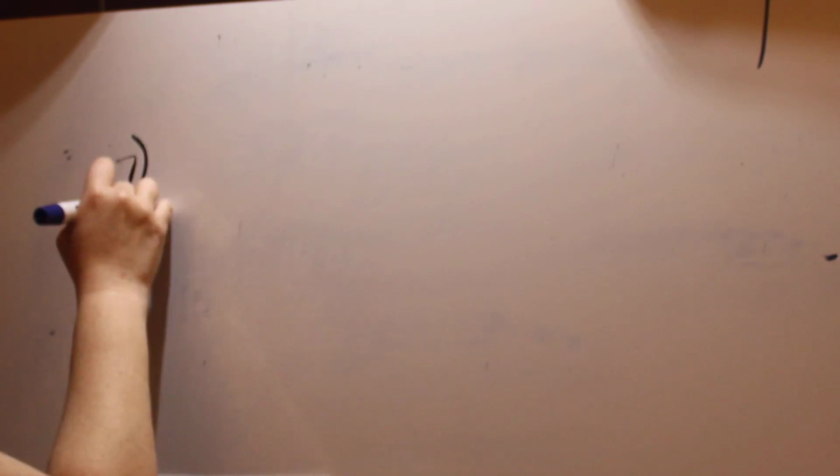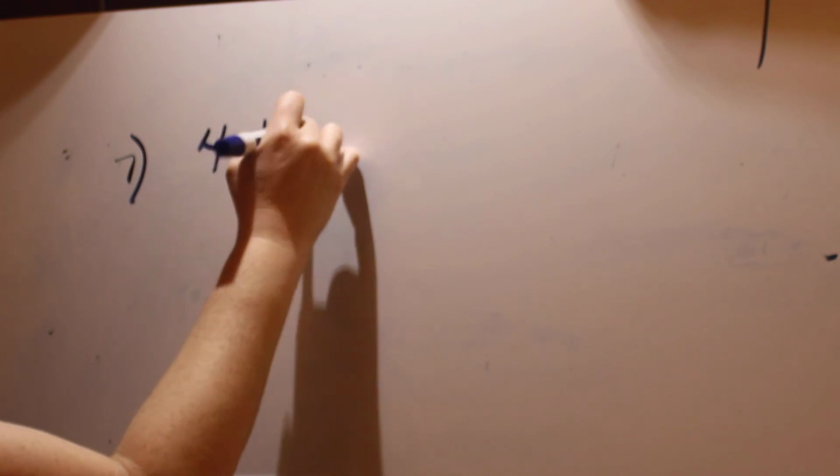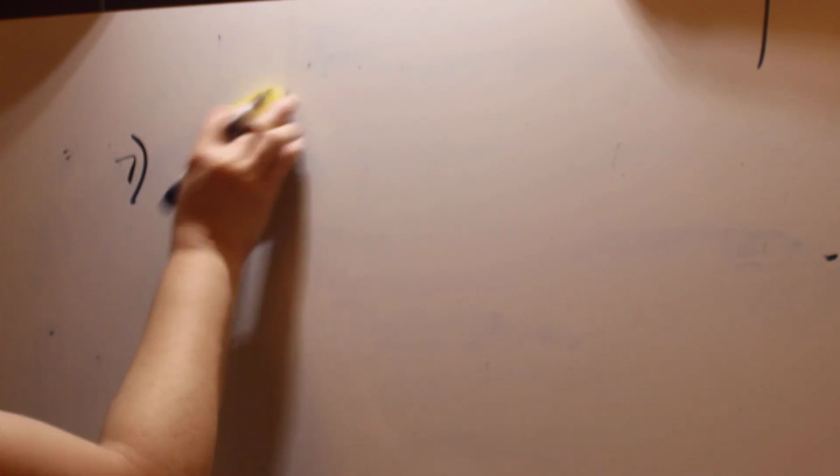All right, number 7. Oh, 2 tons is less than 45,000 pounds.